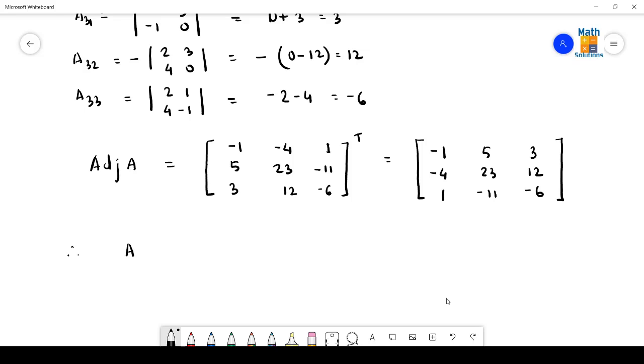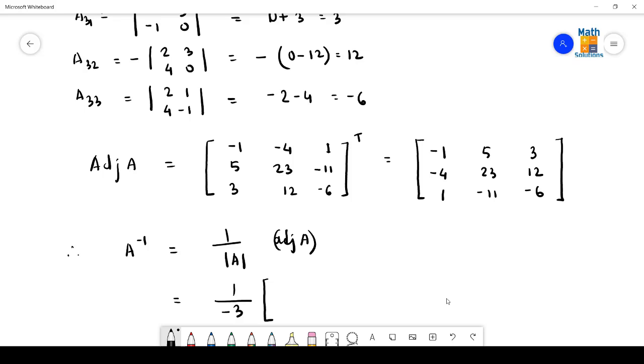Therefore inverse of the matrix A could be given by 1 by determinant of A into adjoint of A, and the values we get as 1 by minus 3, as the determinant value we already got as minus 3.